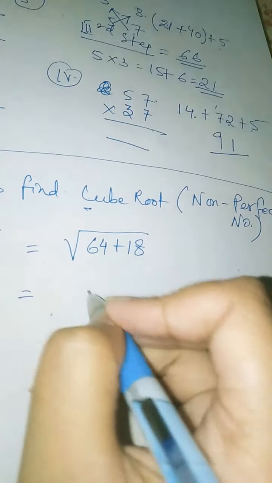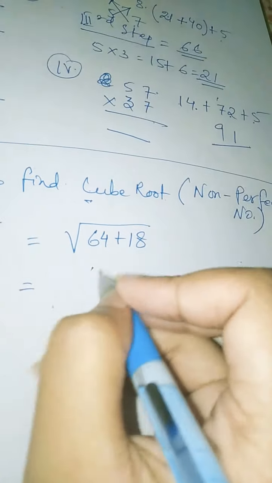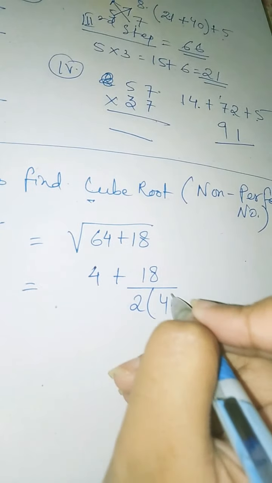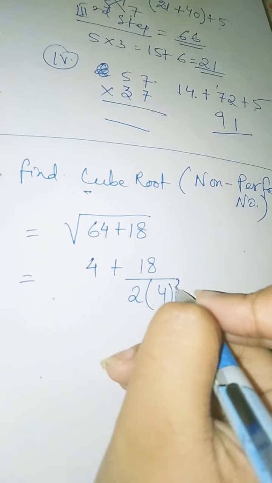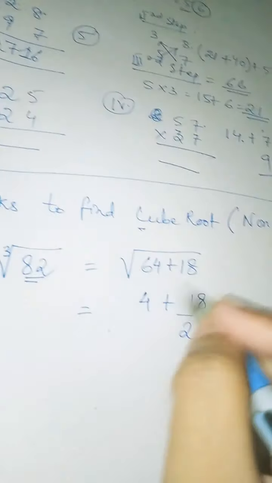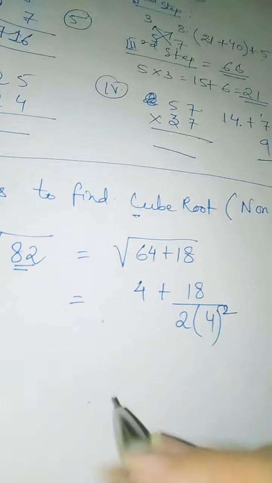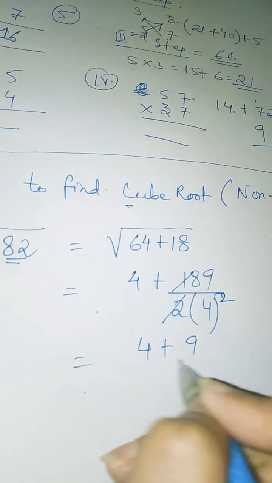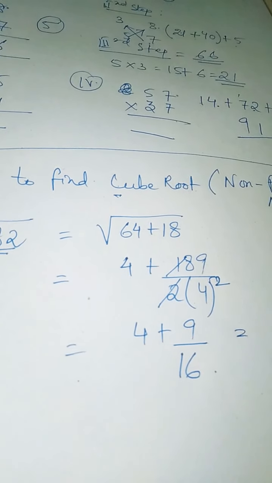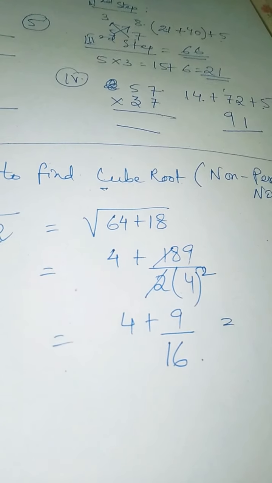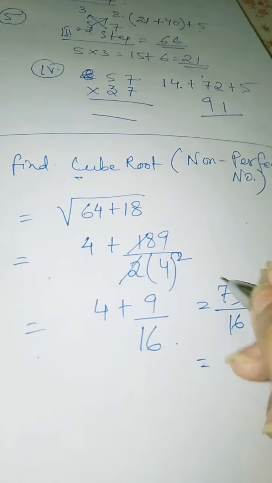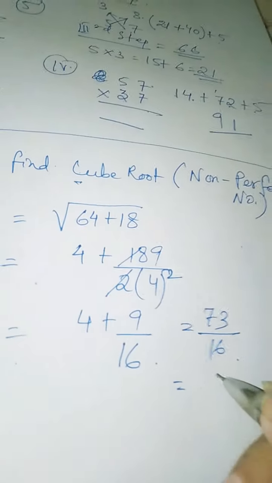So here the cube root of 64 is 4, and then we will write 18 over 2 times 4 squared, the square of x. So here we can write 4 plus 9 by 16. So it is 64 plus 9, 73 by 16.